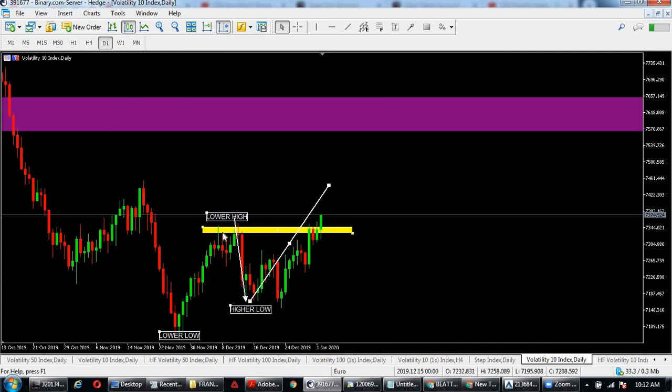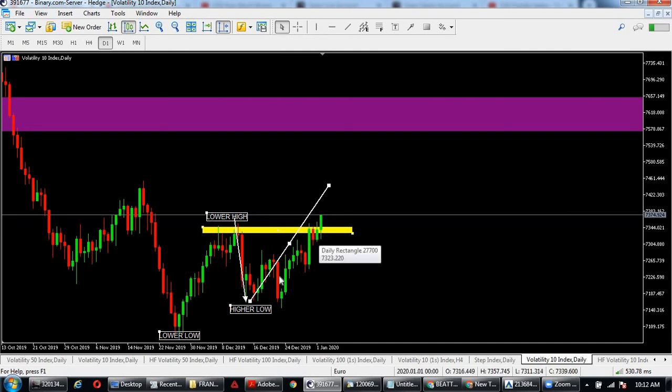But before now, price has been finding some kind of resistance here. So it came up and then fell back to the downside, came again and then had a retest.